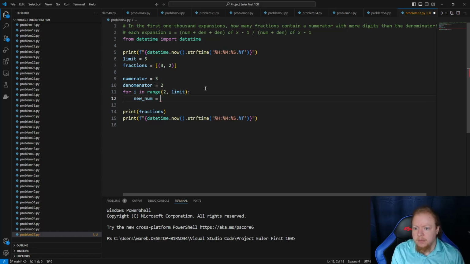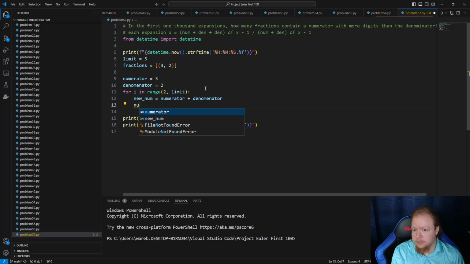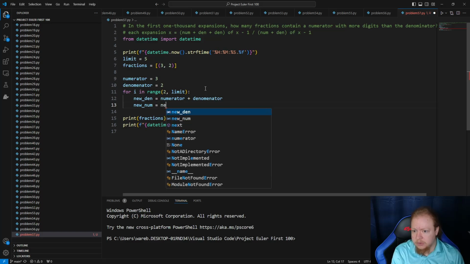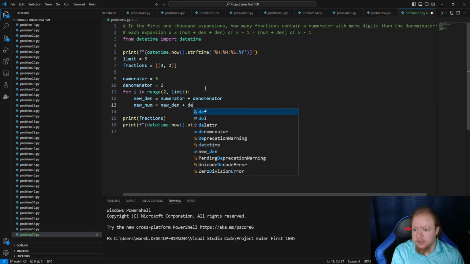New denominator equals numerator plus denominator, and then new num equals new denominator plus denominator.